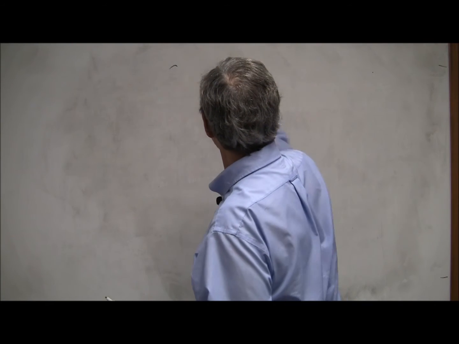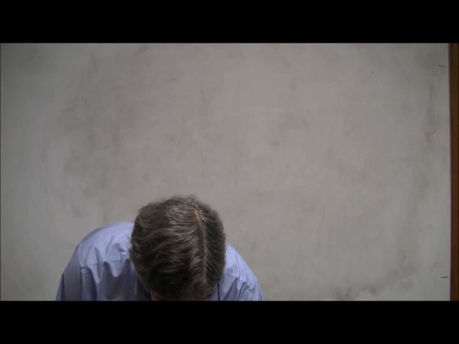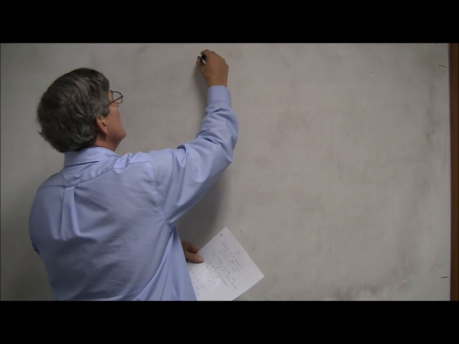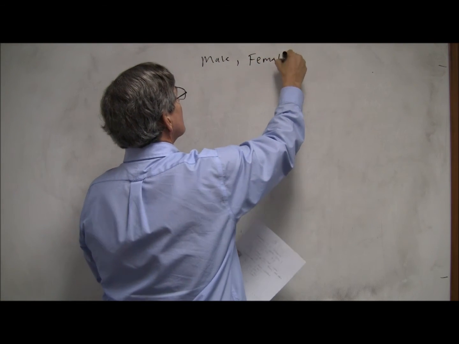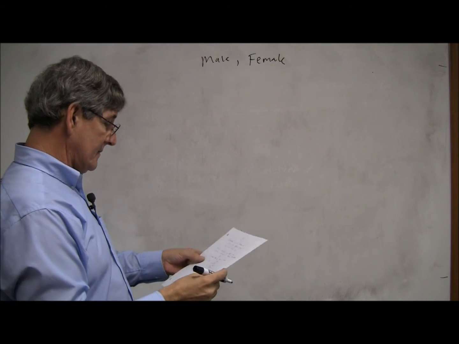Let's do a simpler example to illustrate the dummy variable trap again and how you work with these models. So let's have two categories, male and female. So those are our two categories.